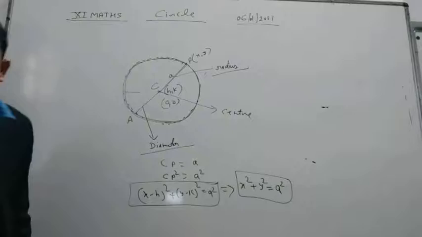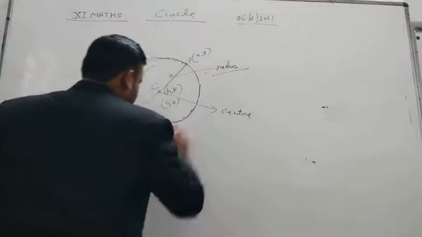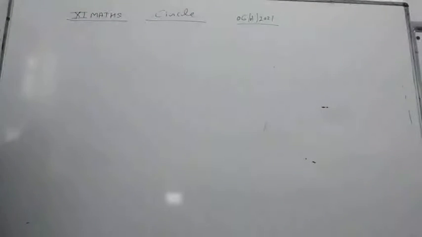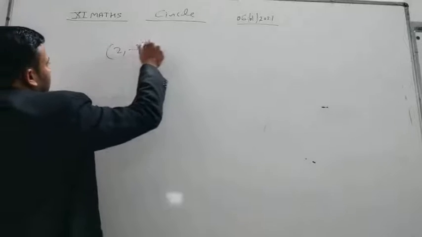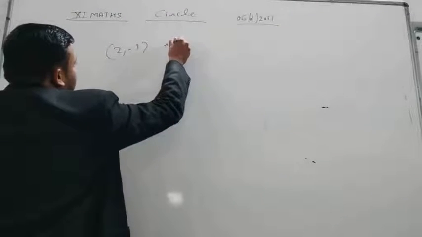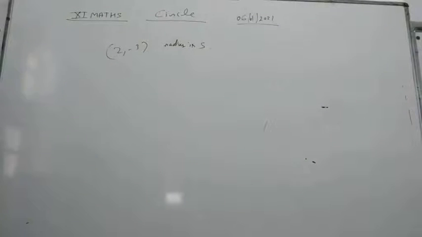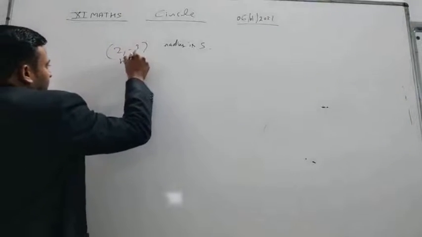Now, students, suppose we are taking a small example: find the equation of the circle whose center is (2, minus 3) and radius is 5. So we have to find the equation of the circle. This is our center, (h, k).